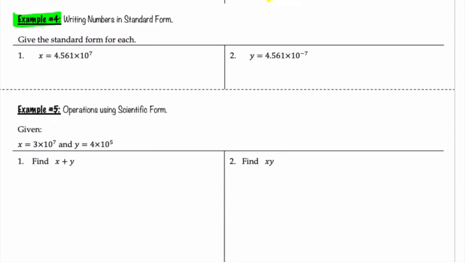For example 4, we are going to be writing numbers in standard form. So give the standard form for each. Here they gave us x is equal to some number in scientific form. So I am going to be moving the decimal 7 places to the right.